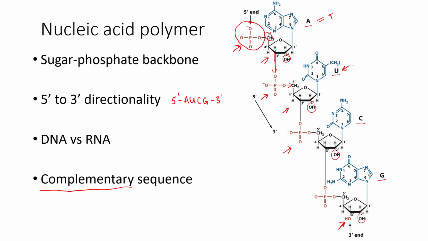Our uracil, which in the case of DNA would actually be a thymine, so that's why they drew this little methyl here. So you'd have a T here if it was DNA. And that would form 2 hydrogen bonds with an adenine. Our cytosine would form 3 hydrogen bonds with a guanine, and our guanine would form 3 hydrogen bonds with the cytosine.